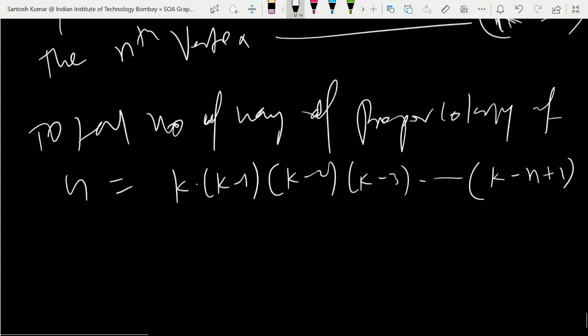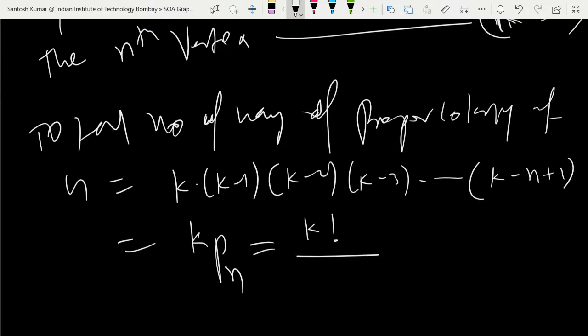I have also told you that you notice this number is like nPr, equivalent to k factorial upon k minus n factorial.